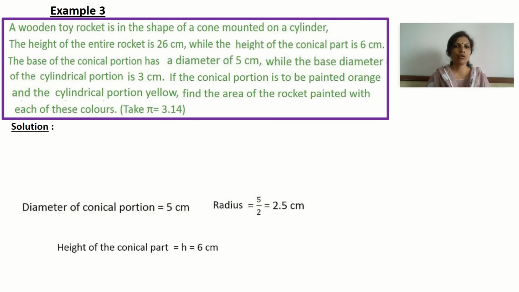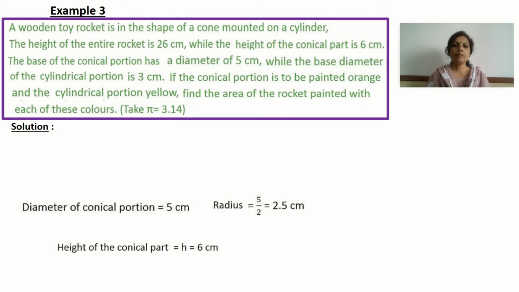A wooden toy rocket is in the shape of a cone which is mounted on a cylinder. The height of the entire rocket is 26 centimeter, while the height of the conical part is 6 centimeter. The base of the conical portion has a diameter of 5 centimeter, while the base diameter of the cylindrical portion is 3 centimeter.